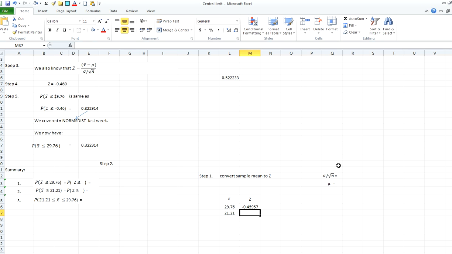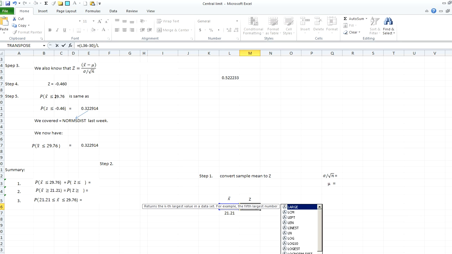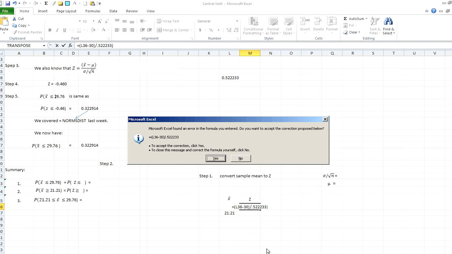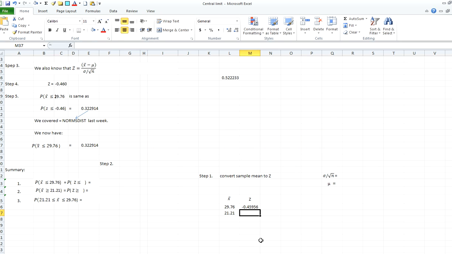Now there is a danger of giving the cell reference when you want the fixed value, so I'm going to type the denominator, 0.5222233, parenthesis close. So this is the z value. I had a parenthesis issue.